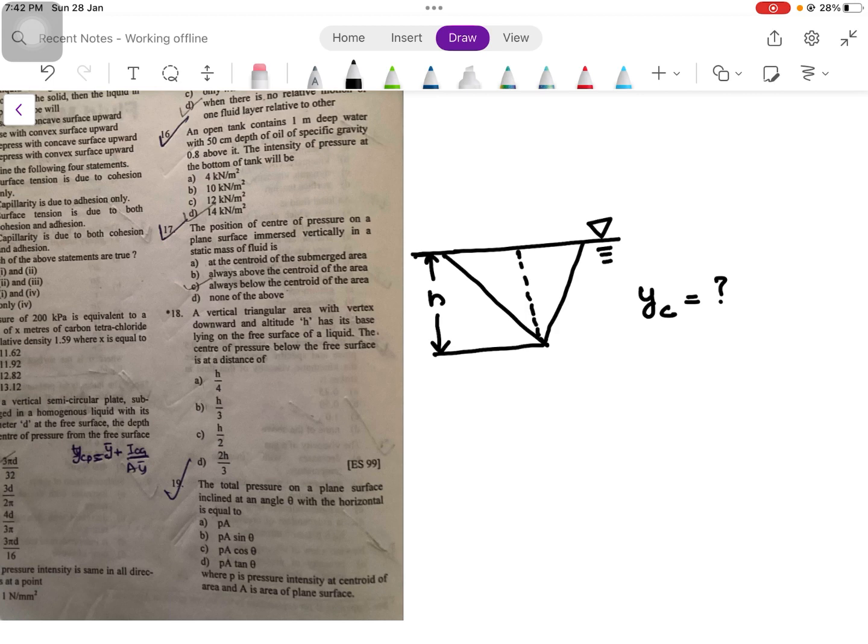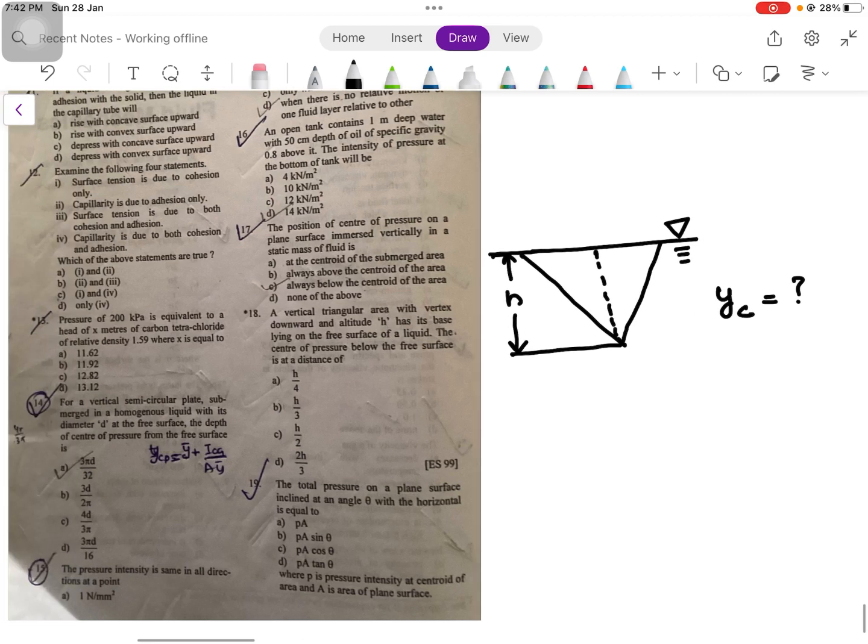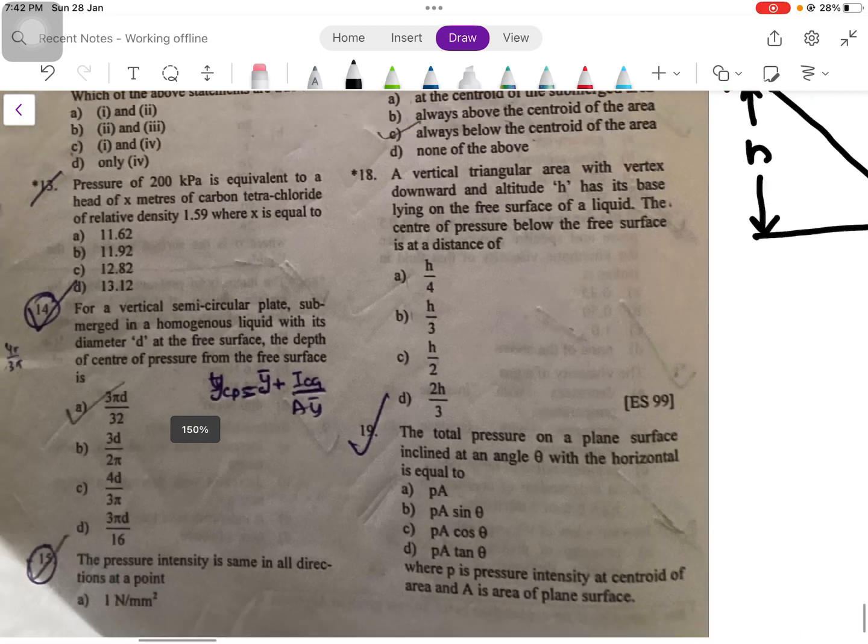This question is based on the formula we discussed in question number 14.